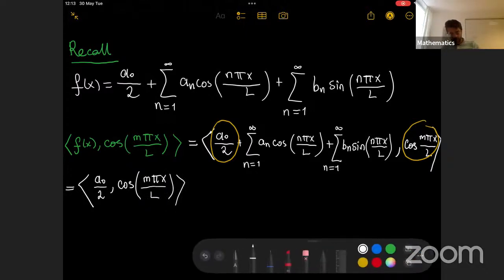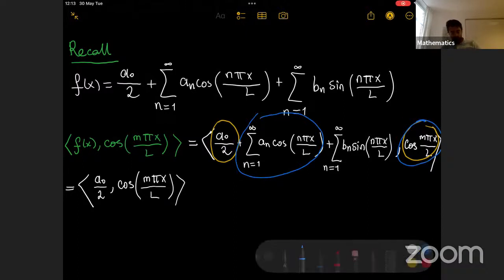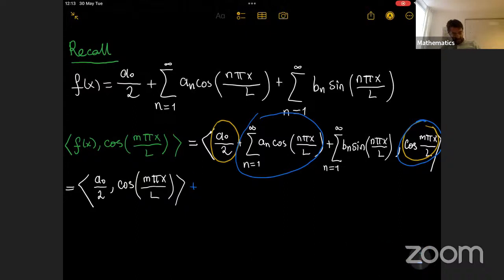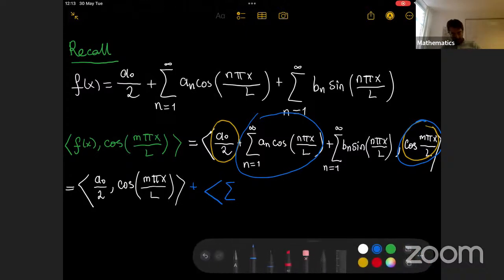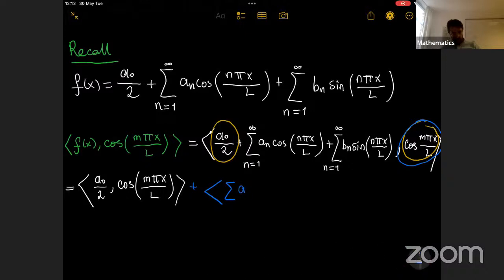Next one is coming from this one and this one here. So plus the inner product, sum an cosine n pi x over L, and the next one is cosine m pi x over L.